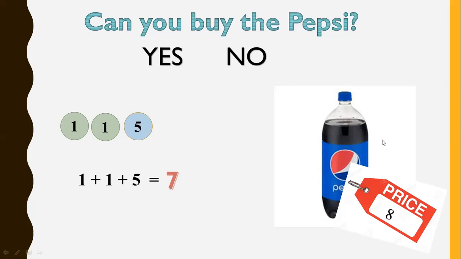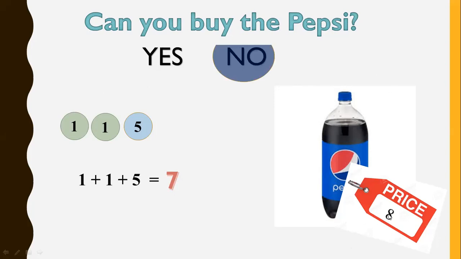How many reals do we have? We have 7. So can you buy the Pepsi? Yes or no? As Albara said, we cannot buy the Pepsi because we do not have 8 reals. The Pepsi is expensive.